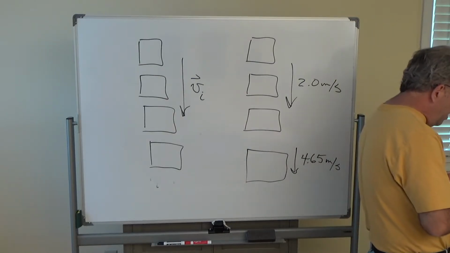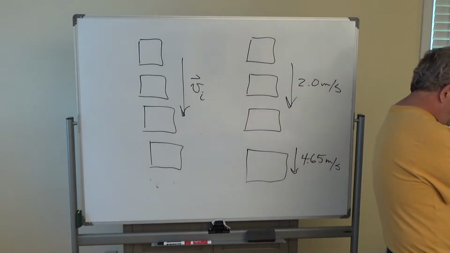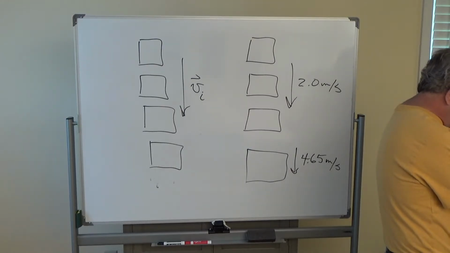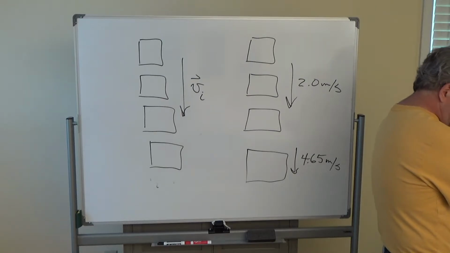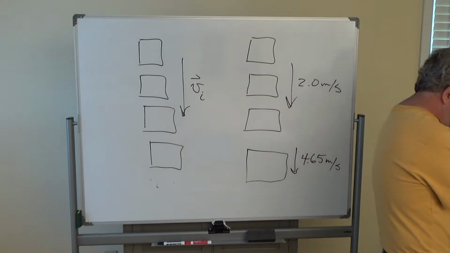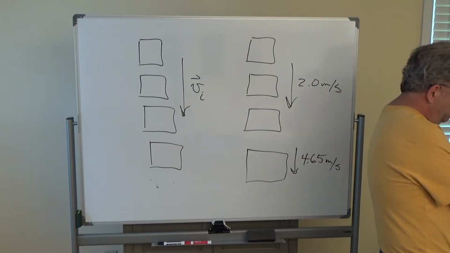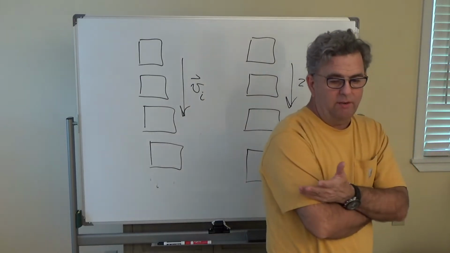Okay, a 7-gram bullet, when fired from a gun into a 1.10 kilogram block of wood held in a vise, penetrates the block to a depth of 9.2 centimeters. So what kind of information is that going to give you?